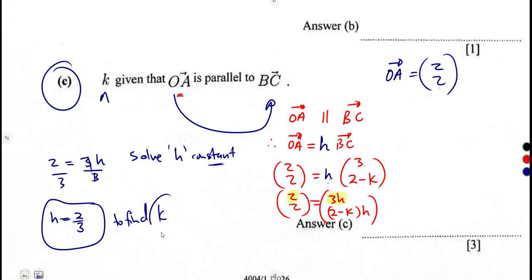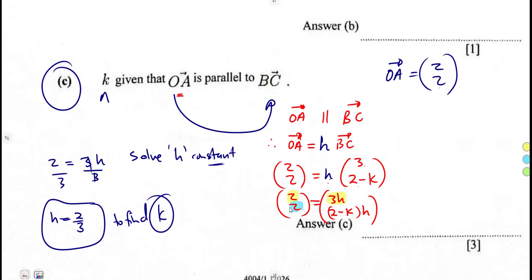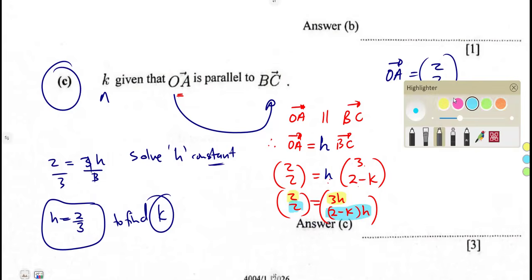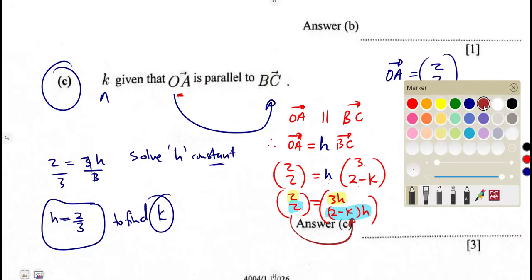If H is 2 over 3, use this now to find the value of K from the second part of our vector here, because this 2 is supposed to equate to this one. So we can form an equation from the second part, from these corresponding elements. Sorry, here I'm using something else, I'm supposed to use this.